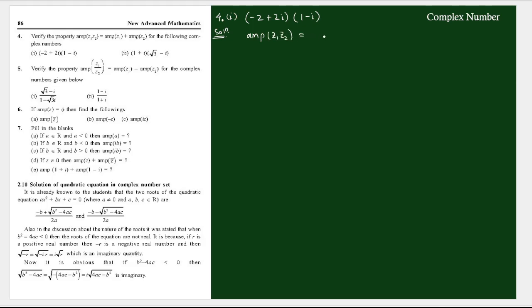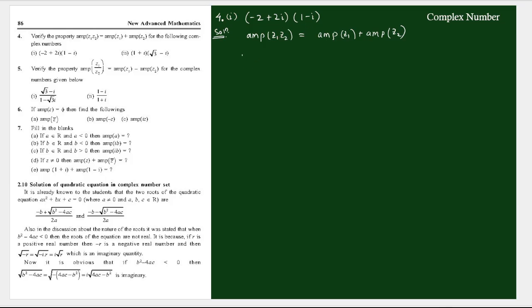I think you will be able to do this one. I will show you question number 1, question number 2 you have to do by yourself. Okay, this is the property. So this is Z1, this is Z2.